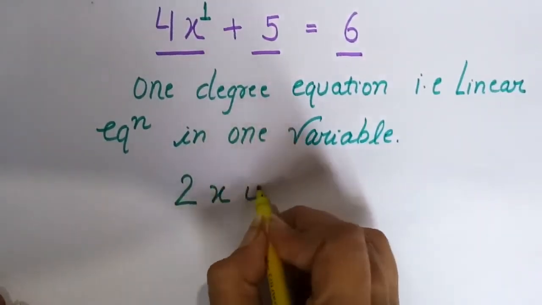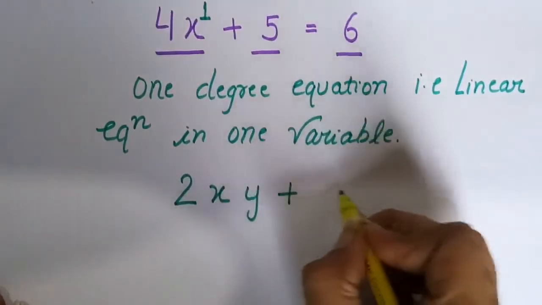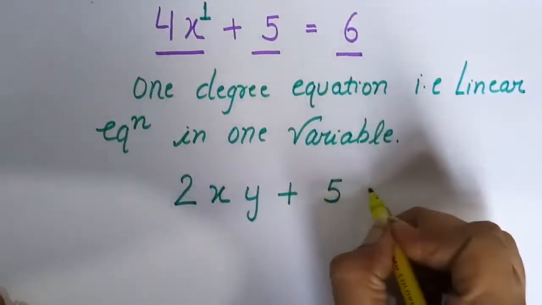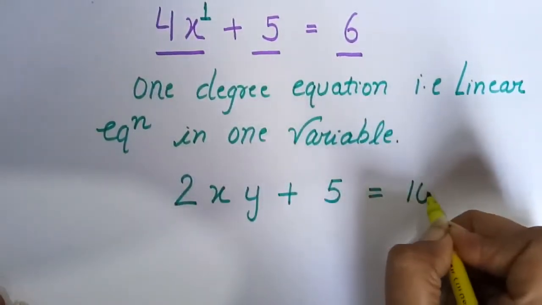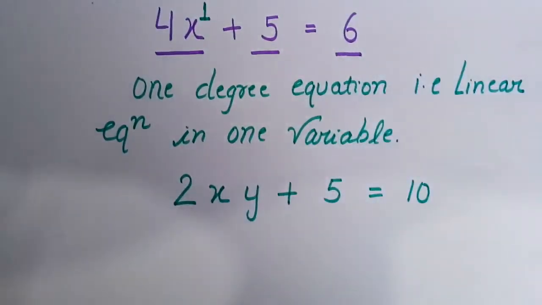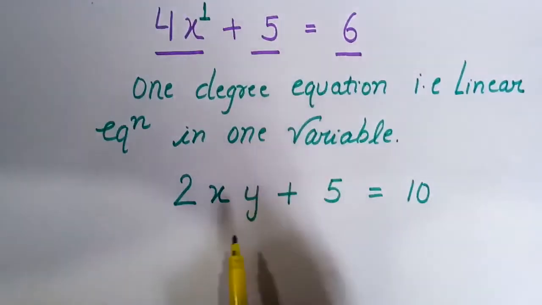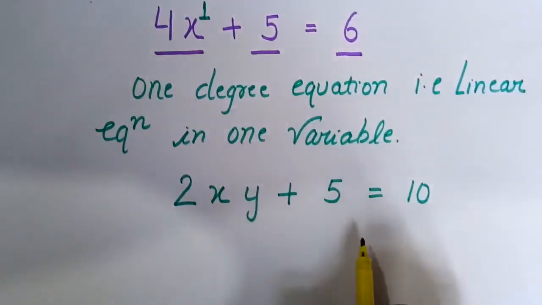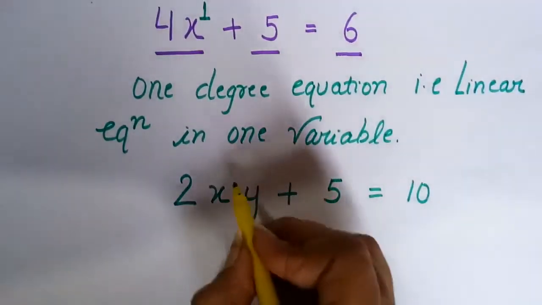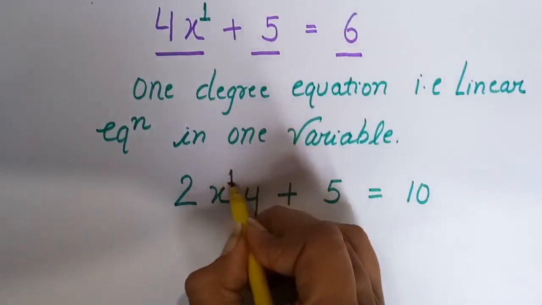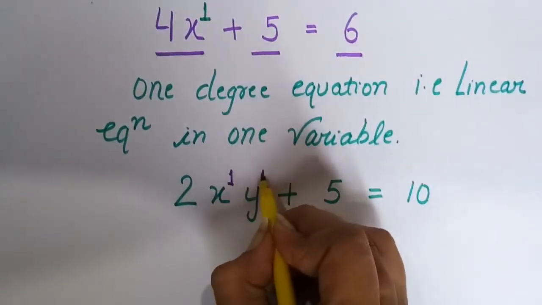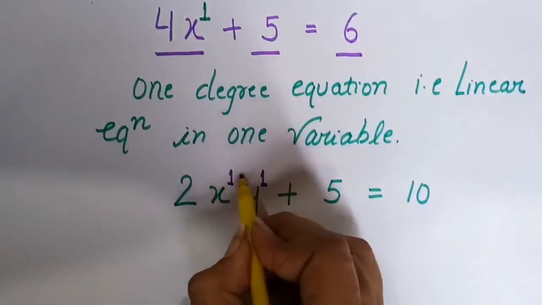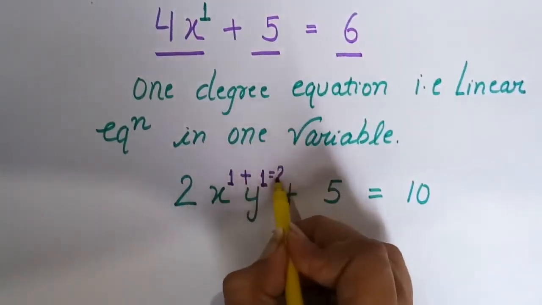2xy plus 5 is equal to 10. In this equation again we are having three terms, 2xy, 5 and 10. Here the highest power of x is 1, power of y is 1, 1 plus 1, that is 2.